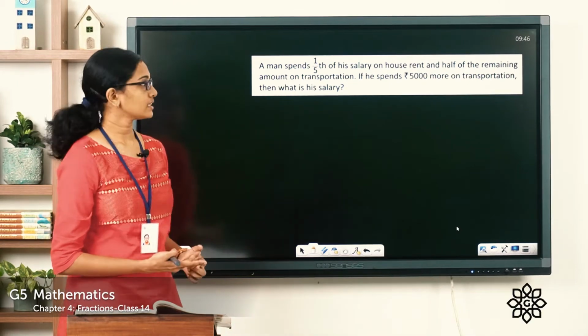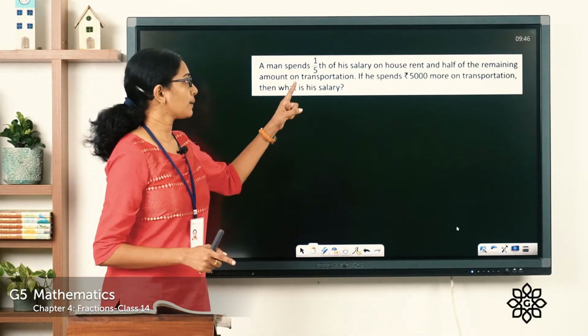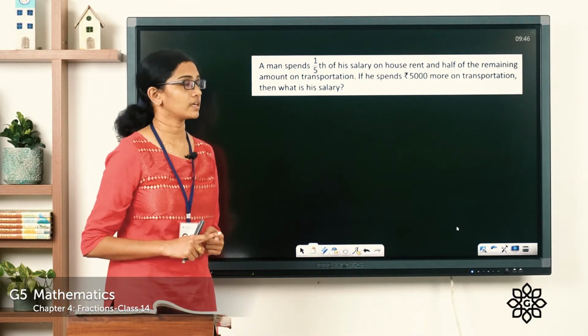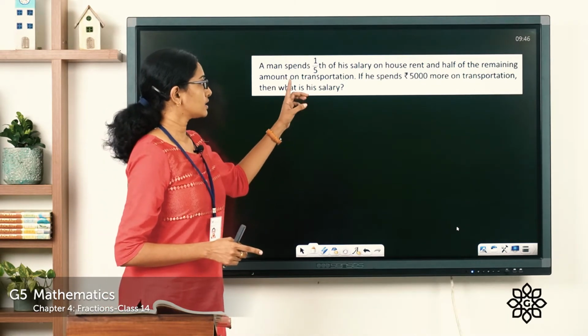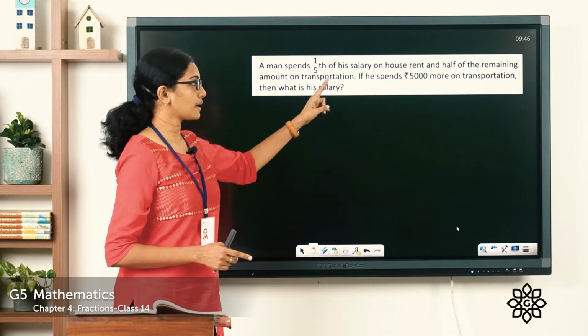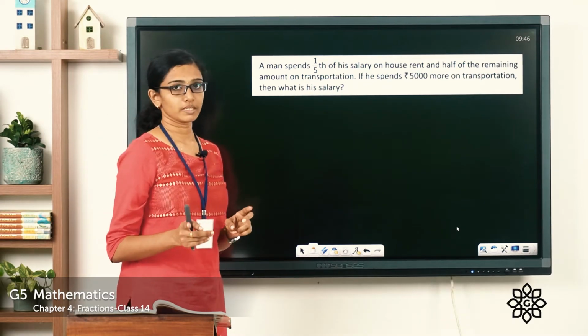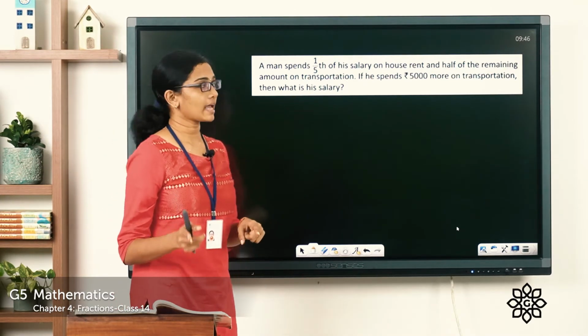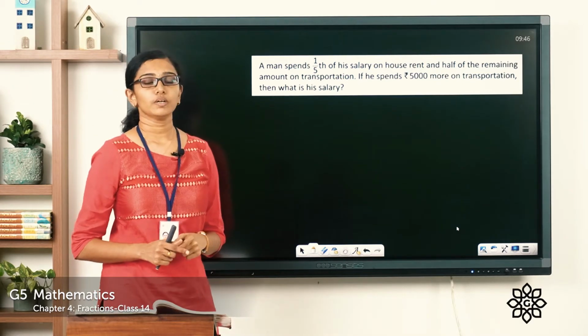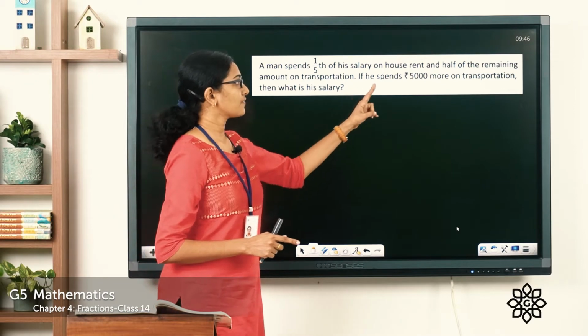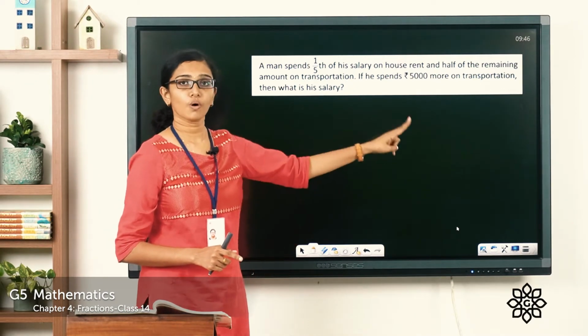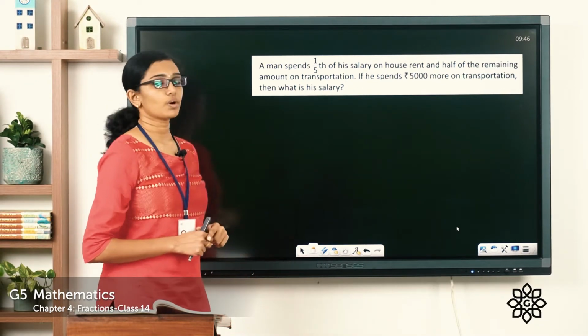Yes, it is said in the question, a man spends 1/5 of his salary on house rent. And we don't know the salary, but it is mentioned that half of the remaining amount after paying the house rent, some amount will be remaining, right? So half of that amount will be paid towards the transportation. And it is also said if he spends rupees 5,000 more on transportation, then what is his salary?